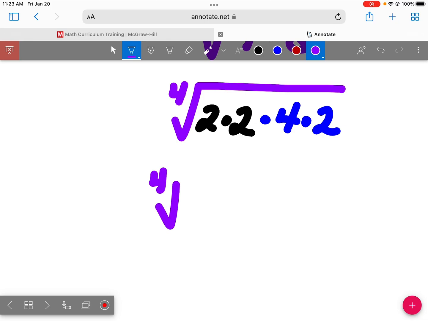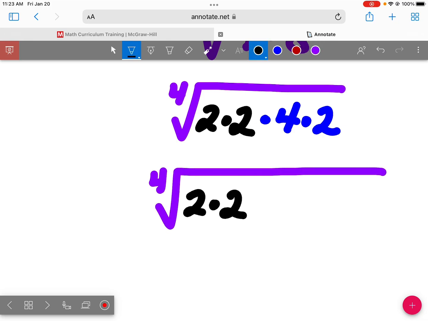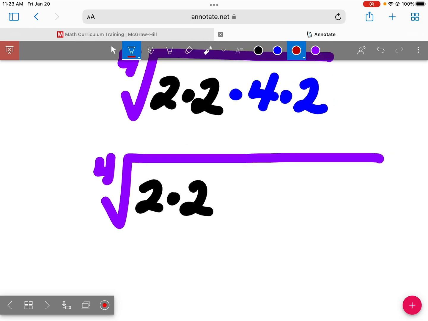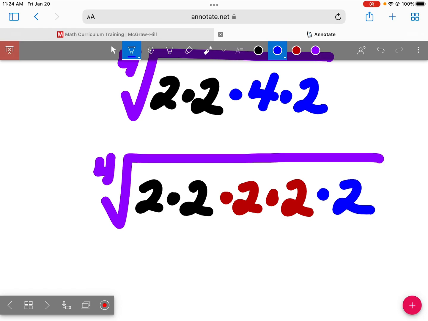All right, so the 4th root of, I've got 2 times 2. What can I still break down? 2 times 2 again, that's my 4, times 2. So far, so good? Do I have a group of 4 2s? Yes, I do. Right here.